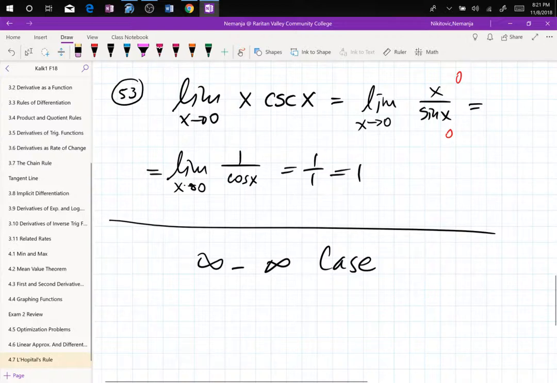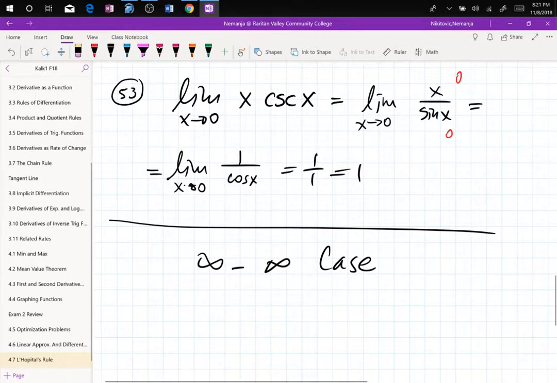You go through factoring, because factoring is going to make it multiplication, and then you will hopefully have 0 times infinity, use the trick 1 over 1 over f, to get to where you need to go. So these are the problems.